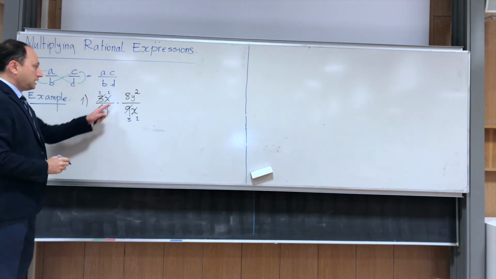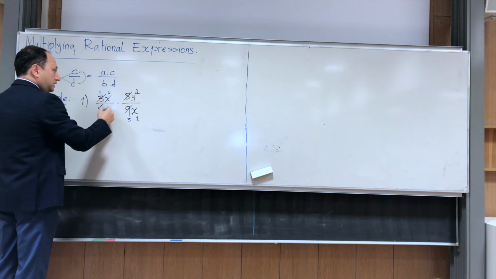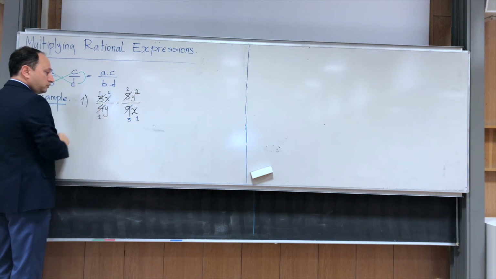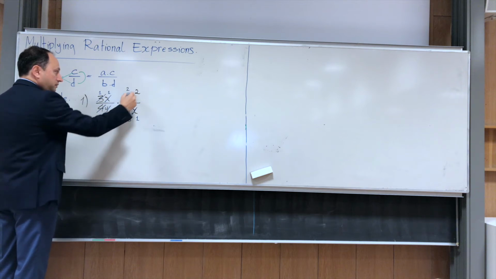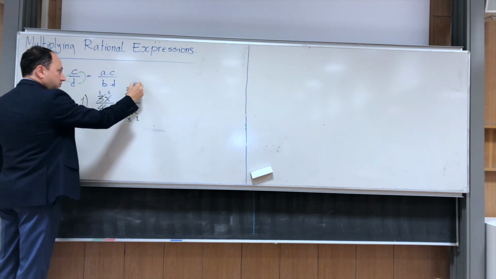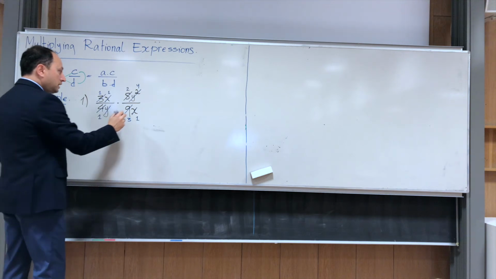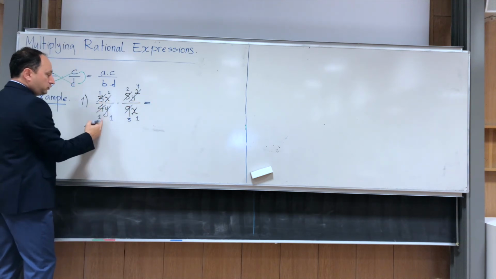But again, another simplification in this way. 8 and 4 can be simplified: 4 divided by 4 is 1, and 8 divided by 4 is 2. And then y divided by y is 1, y squared divided by y, 1 y is left.